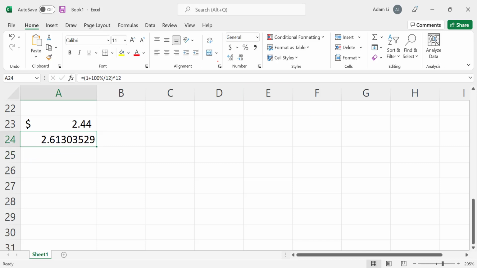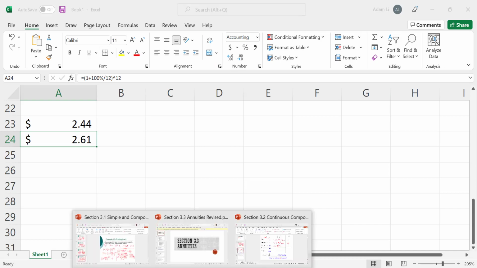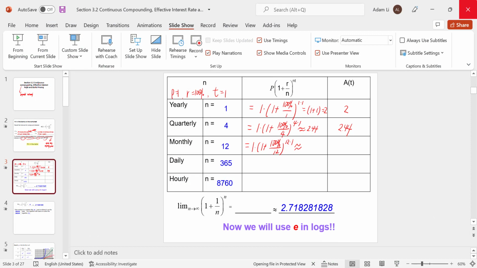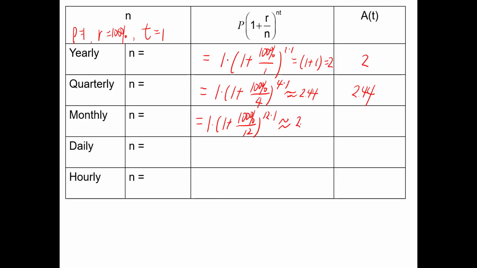As you can see, this is 2.61. And one more time, you see as compounding periods increase, the ending balance increases.